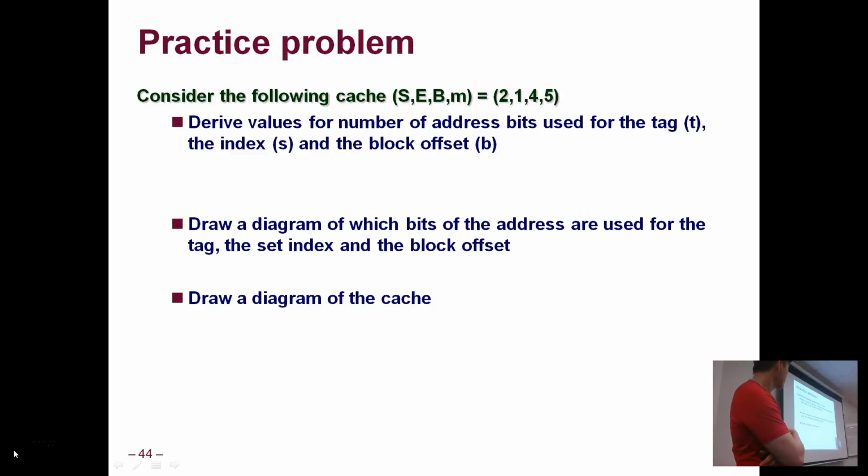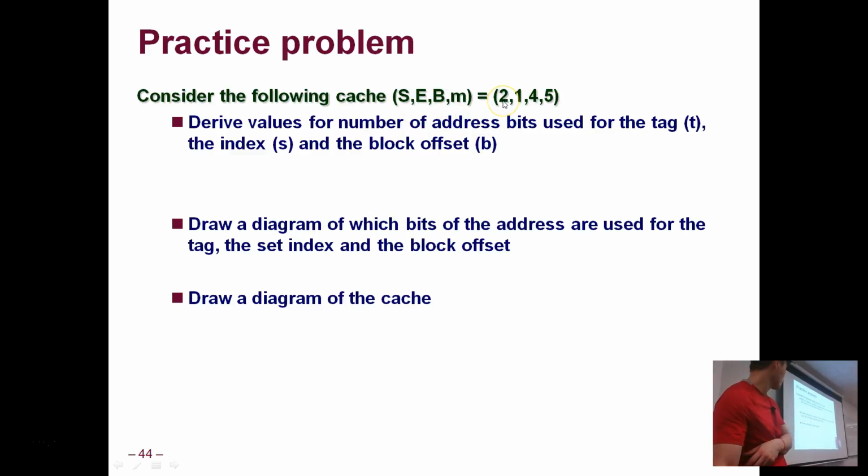So the number of bits in the block offset is log base 2 of capital B, so 2 bits. The number of bits in the set index is log base 2 of 2, which is 1.